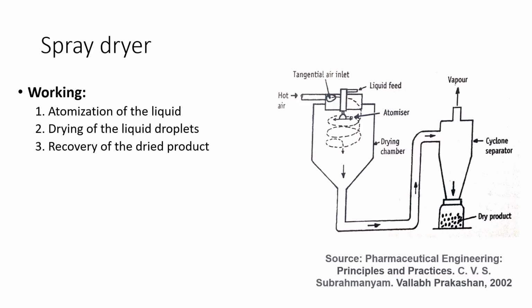The heat transfer will raise the internal pressure, which will cause the droplets to swell. The temperature of the air is so adjusted that the droplets should completely get dried once they reach the bottom. The third step is recovery of the dried product.